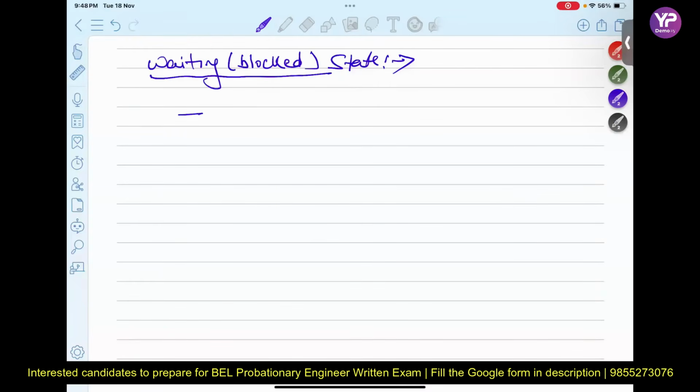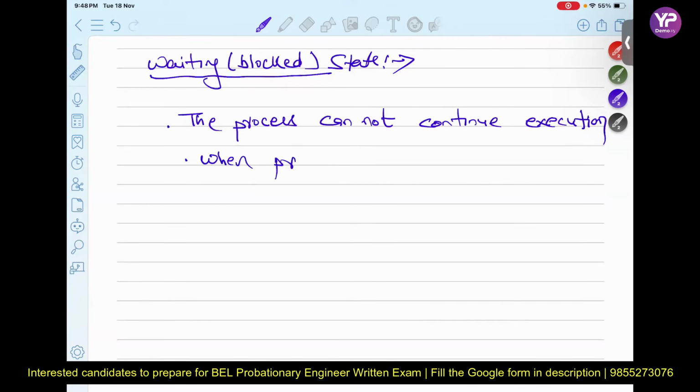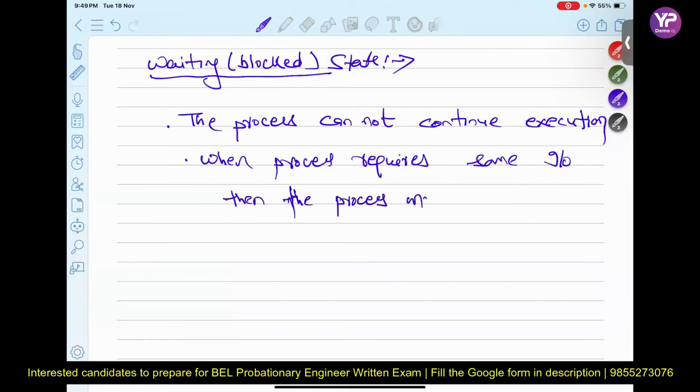That means the process cannot continue execution. When a process requires some input output, it moves from running to waiting.